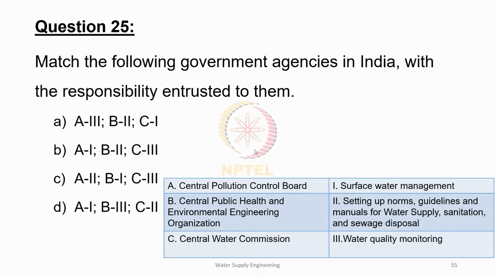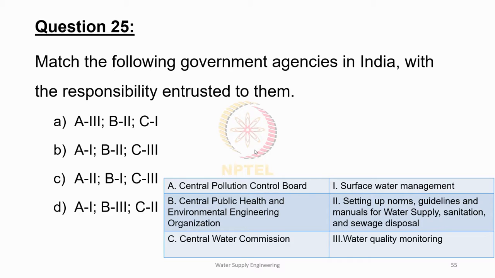B, Central Public Health and Environmental Engineering Organization, and C, Central Water Commission are the three government agencies given. And the duties are: one is surface water management, second one setting up norms, guidelines, and manuals for water supply, sanitation, and sewage disposal, and the third one is water quality monitoring. So, which of the agencies are entrusted with these duties?